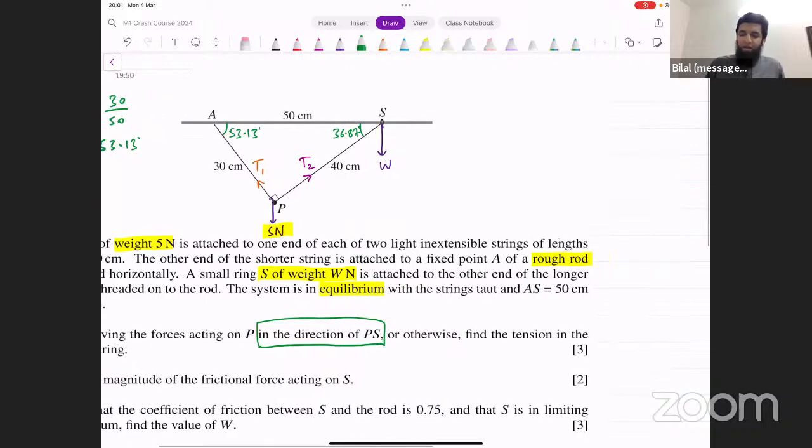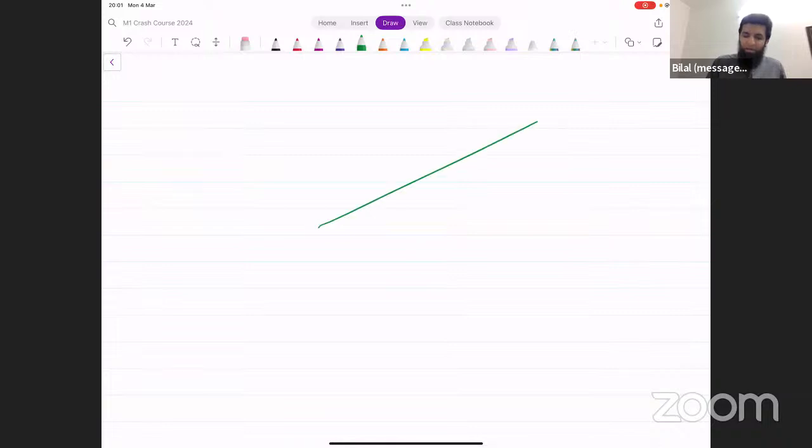Now, remember when you have an inclined surface, and if we have a particle here, it has weight acting in the downward direction, a reaction acting in this direction, maybe some other force acting in some other direction.